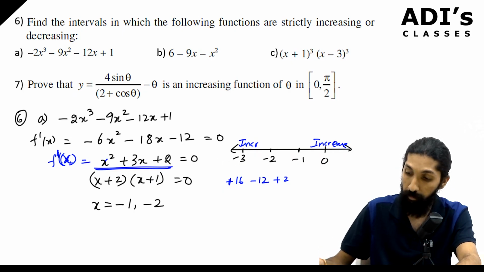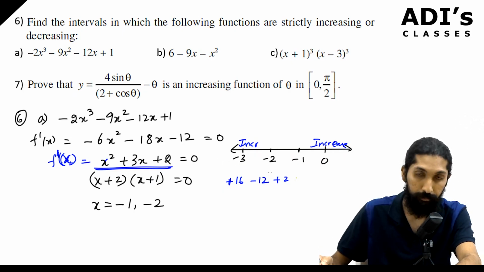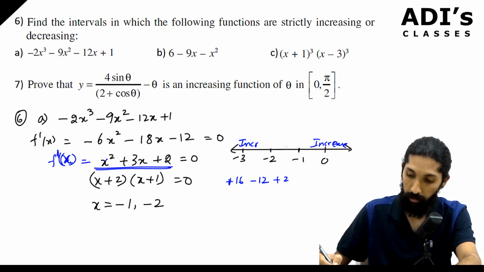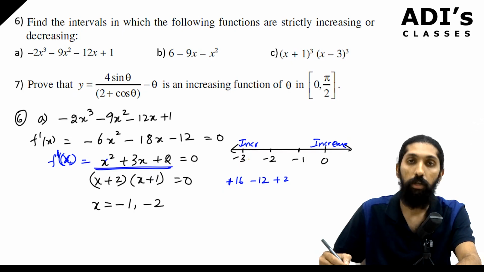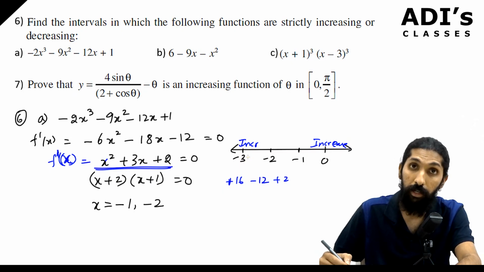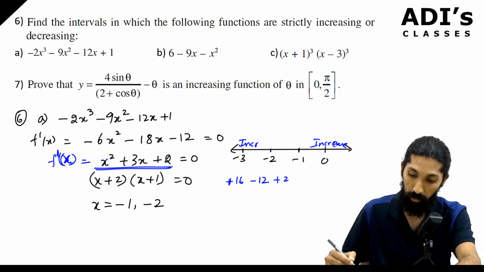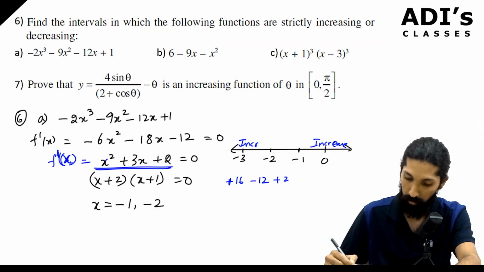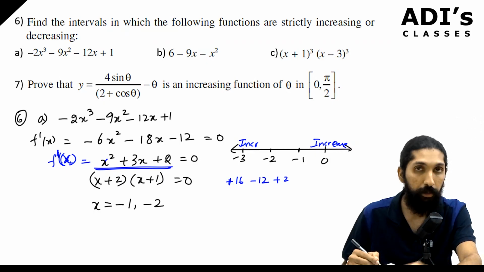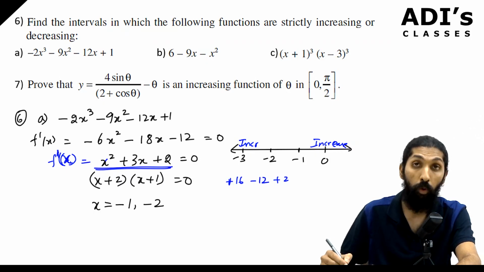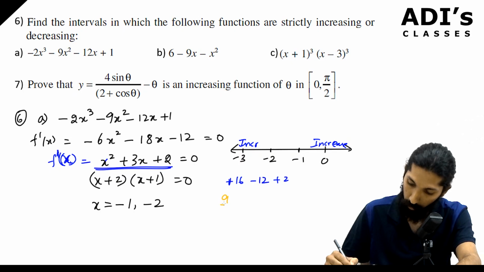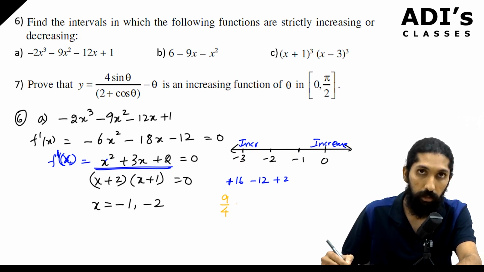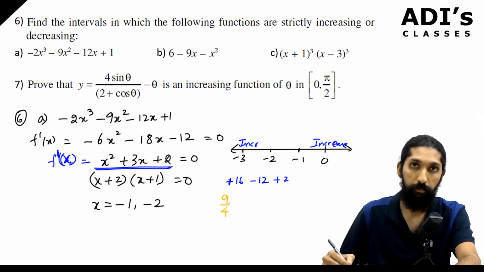Right? Now, in between, that is from minus 2 to minus 1, say you take minus 1.5, that's minus 3 by 2. Minus 3 by 2 whole square is 9 by 4. Then plus 3 into minus 3 by 2, correct?